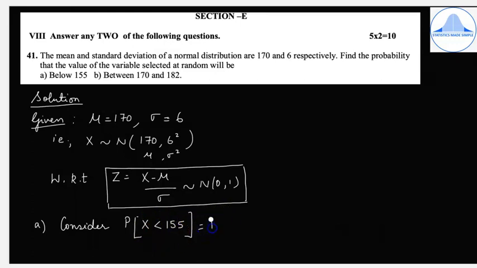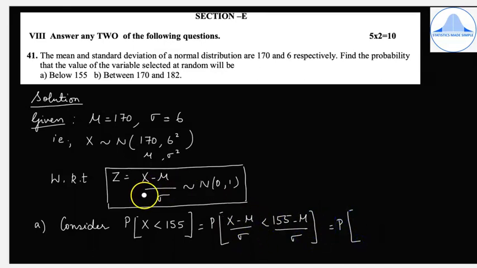So you'll get this is equal to probability of X minus mu divided by sigma is less than 155 minus mu divided by sigma, which is equal to probability of, you know that X minus mu by sigma is nothing but Z, is less than 155 minus 170 by 6. In the problem, mu is 170 and sigma is 6.